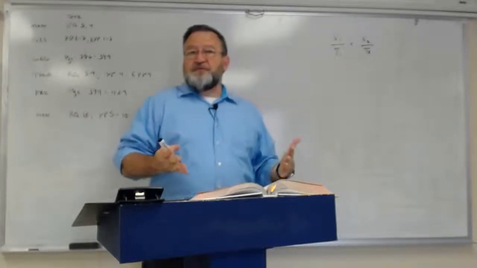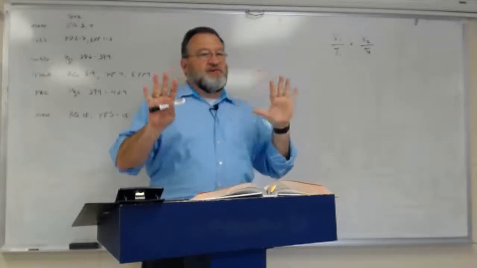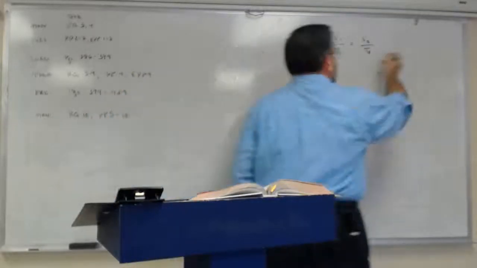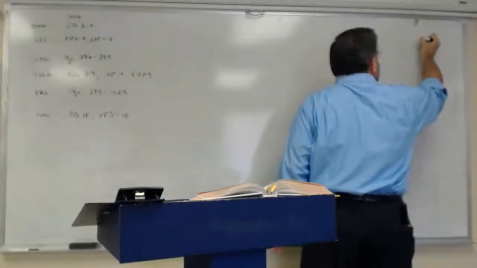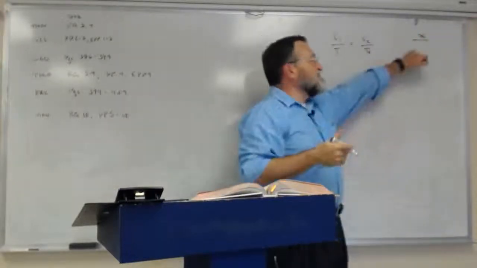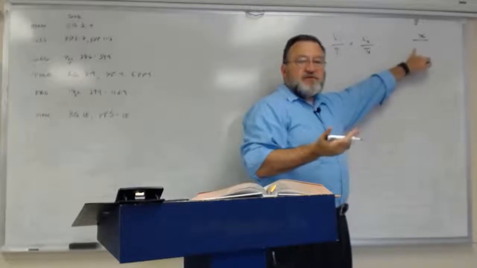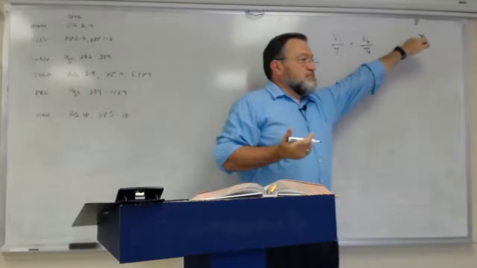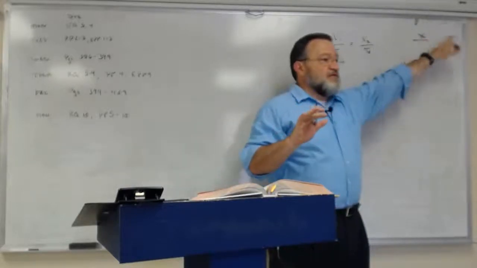Because think about math. I know it's Monday morning, it's hard, but think about math for just a moment. What happens when you have a denominator? In this case, you have any variable, and you divide it by a denominator. As the denominator gets closer and closer to zero, what happens to the value of that equation?